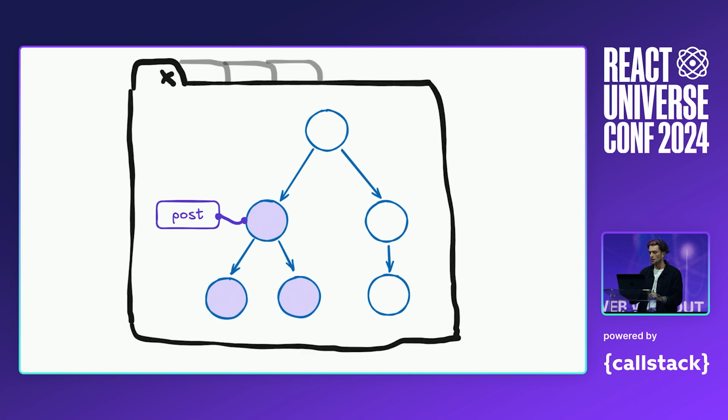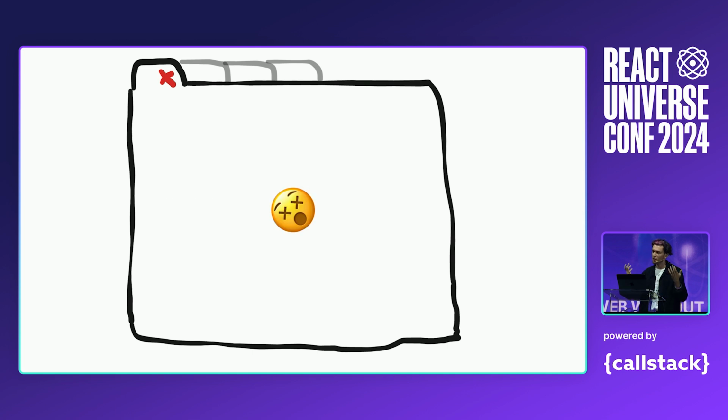But of course, all of this happens inside a browser tab. And what happens if the user closes the browser? Well, the data is gone. Which is maybe fine if you want it to be ephemeral. But if it's like a draft of a blog post you're writing, you probably want it to persist across closing the tab. You also probably want it to be synchronized between different tabs.